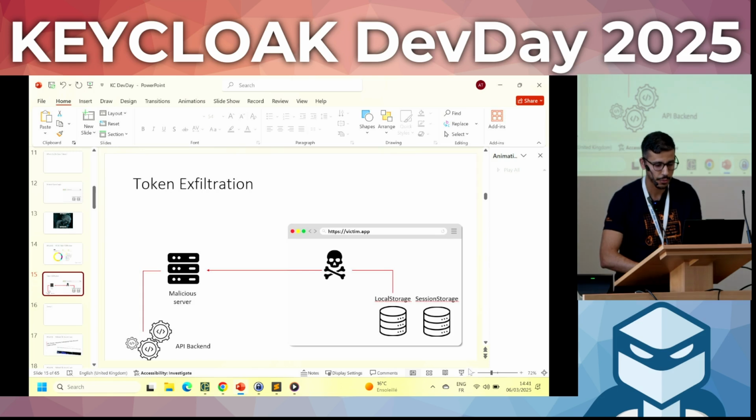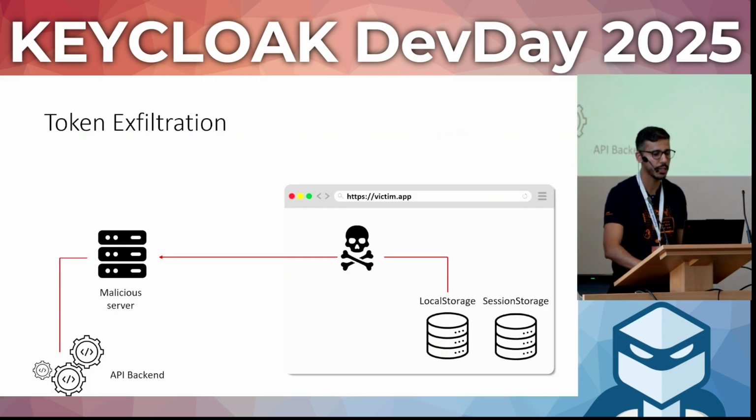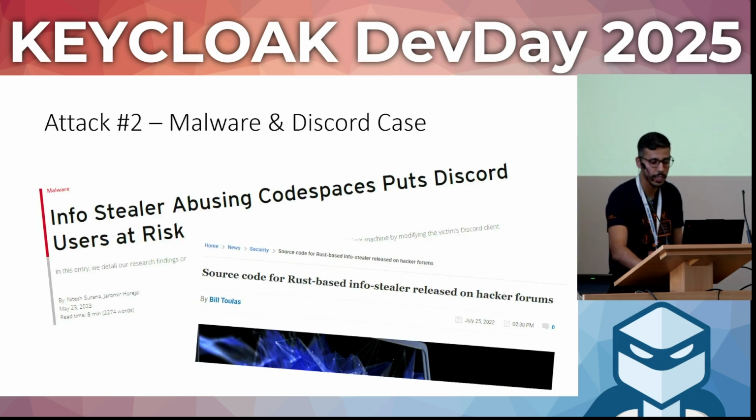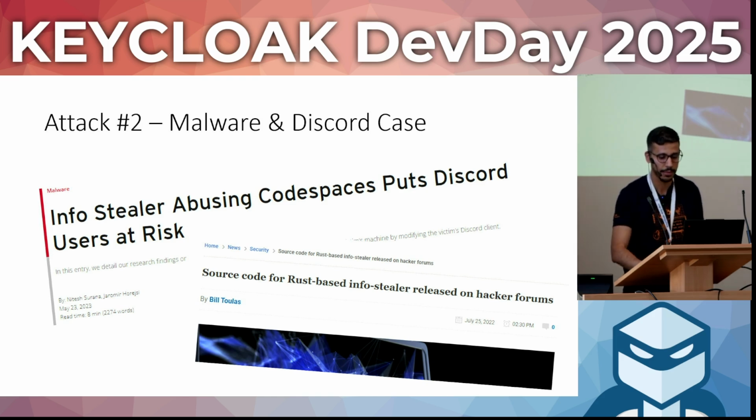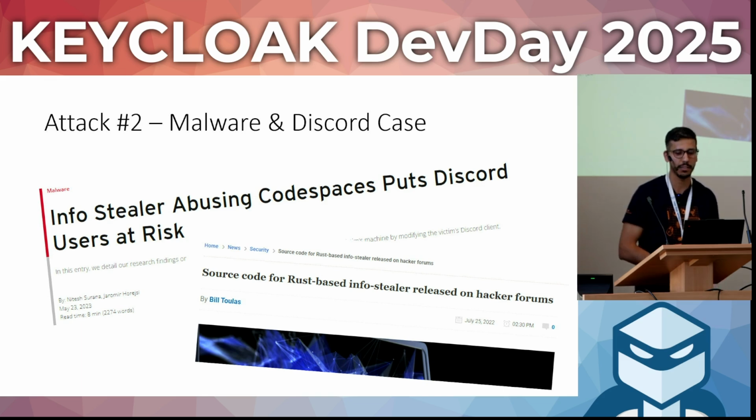The second option to steal user tokens, which we have also noticed in the wild, is by using classic malware. And the perfect example for this is the infostealer which targets Discord users. Actually, the source code of this malware has been disclosed and analyzed.